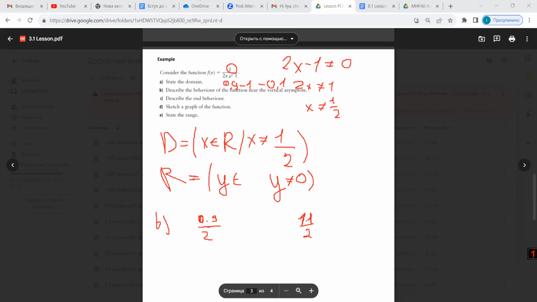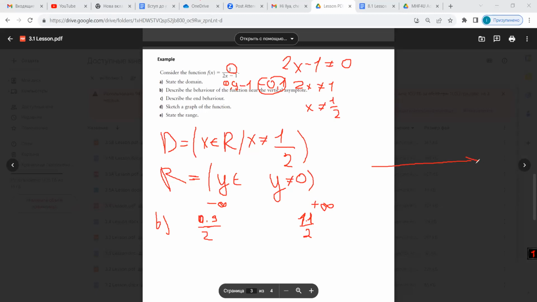So when we divide 1 by some small negative number, we're going to get negative infinity. So here we have negative infinity to the left-hand side from the vertical asymptote. To the right-hand side, we obviously are going to have positive infinity because we divide 1 by a small positive number.